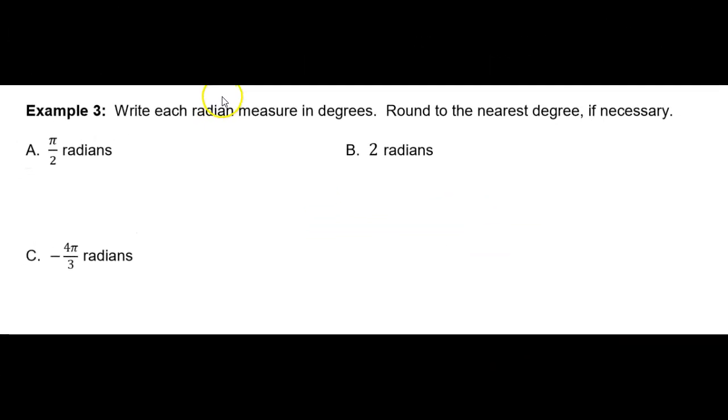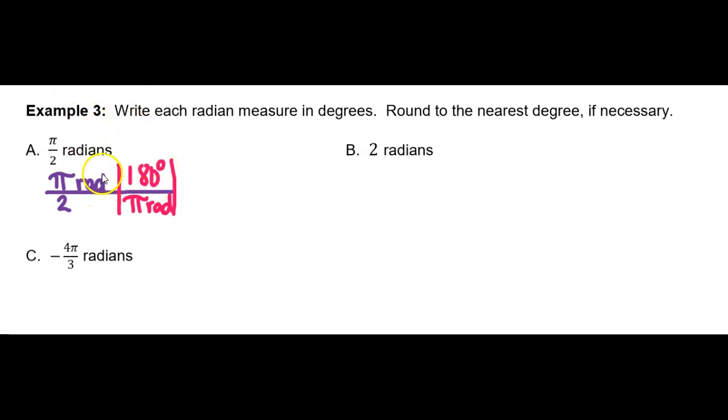Okay, so example 3 says, write each radian measure in degrees. Round to the nearest degree if necessary. So we have pi divided by 2 radians. I'm just going to draw my line out here. If we want to cancel out radians, we're going to want to put pi radians on the bottom and 180 degrees in the numerator.